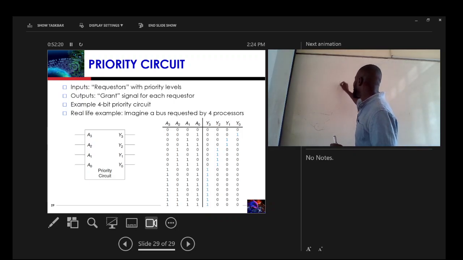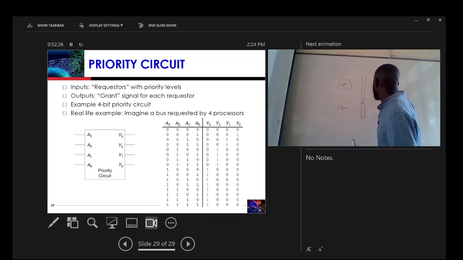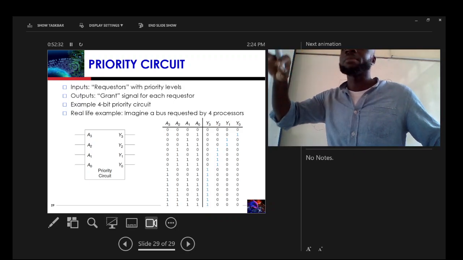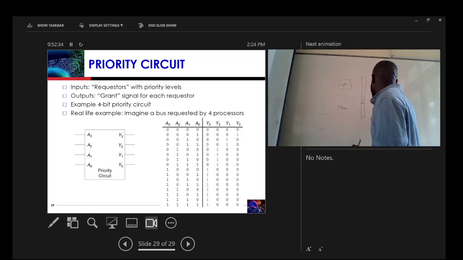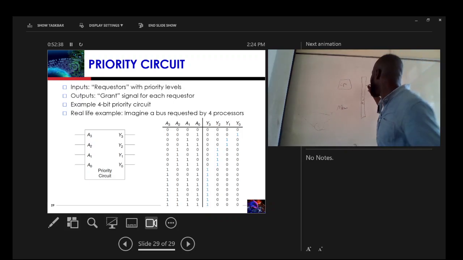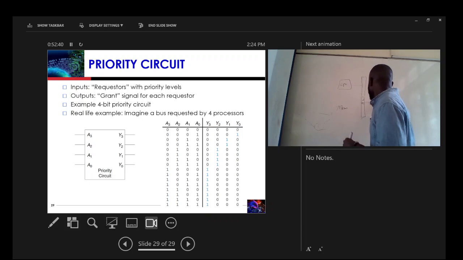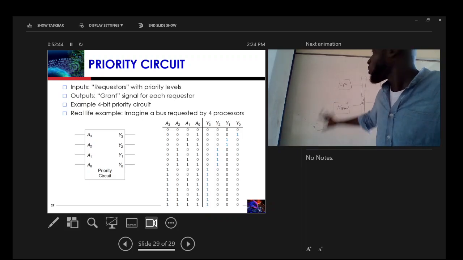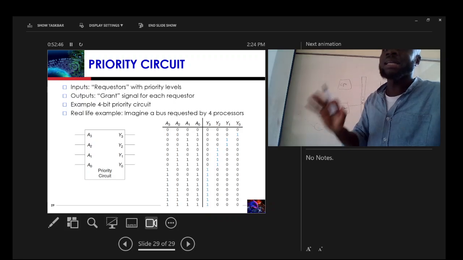You have the CPU, let's say memory, input output, and some other hardware accelerators, probably GPUs, everything connected to the same bus. And as I said, only one component can use the bus at a time.